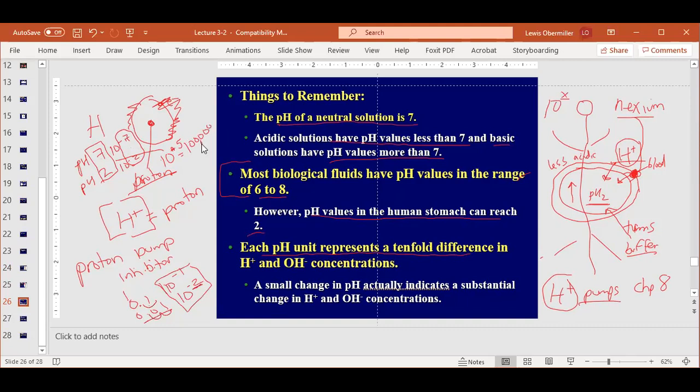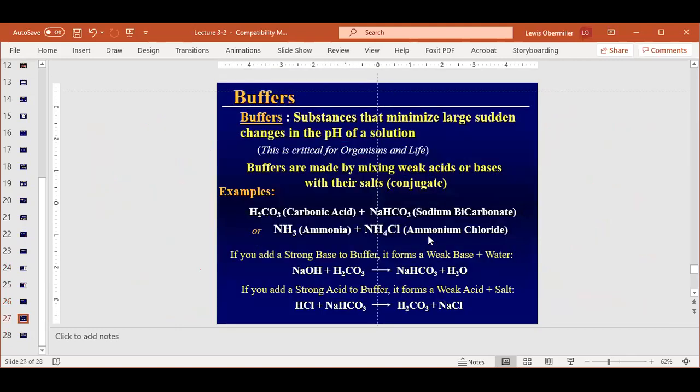So there's actually 100,000 more H pluses in your stomach than in your blood, because each one of those is a 10-fold increase. Make sense? Yes. All right. So that's a big number, even though the difference is small.